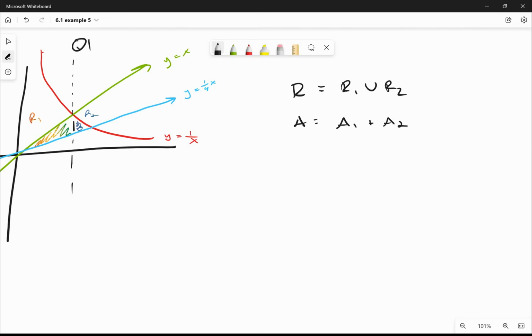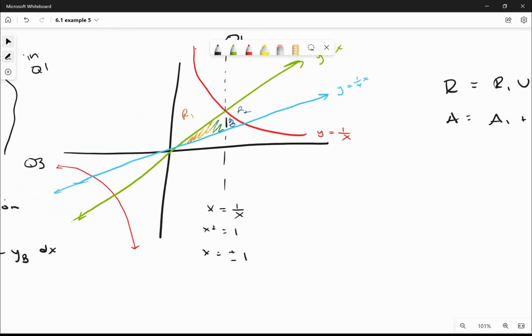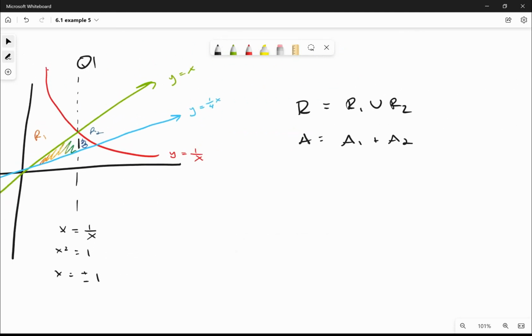That happens when y equals x is equal to 1 over x, which happens when x squared is equal to 1, or when x is equal to plus or minus 1. We know the minus 1 corresponds to this point here, but we aren't concerned with that, so really just x equals 1.